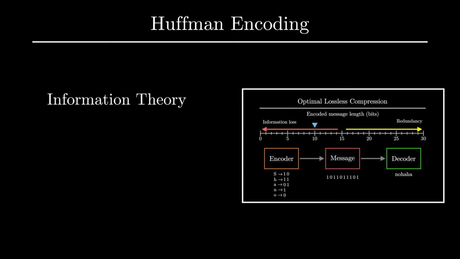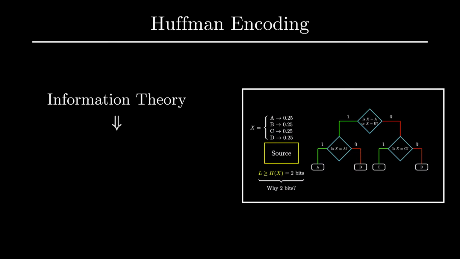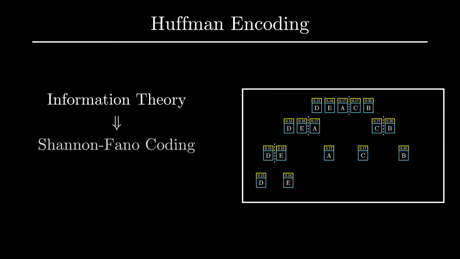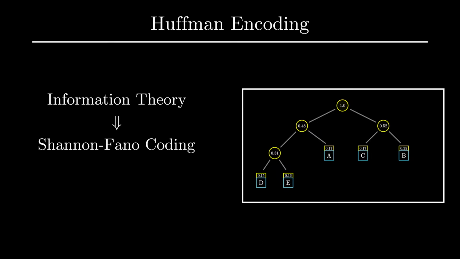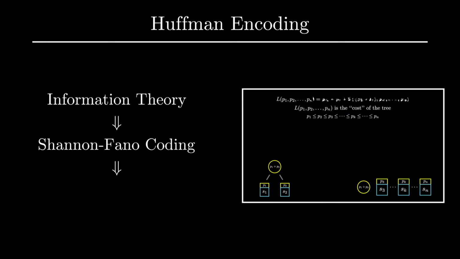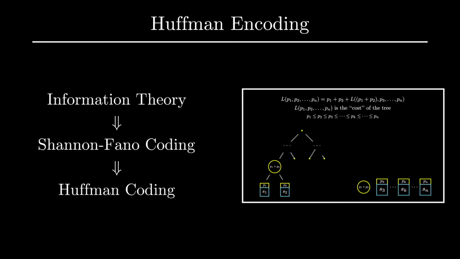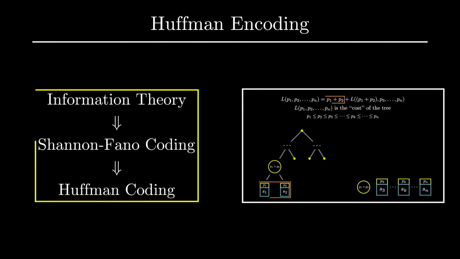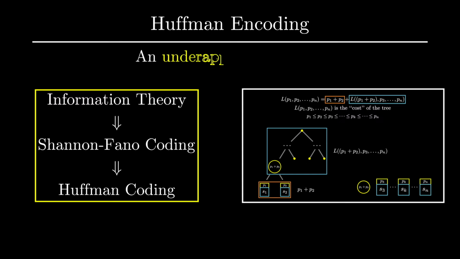If we look back on the story here, it all started with the fundamentals of information theory, which directly motivated Shannon-Fano coding. Huffman then provided the key improvement that guaranteed optimality. Seeing how this all comes together is just immensely satisfying to me. I hope you all enjoyed this journey into what I truly think is one of the more underappreciated stories in the world of computer science.